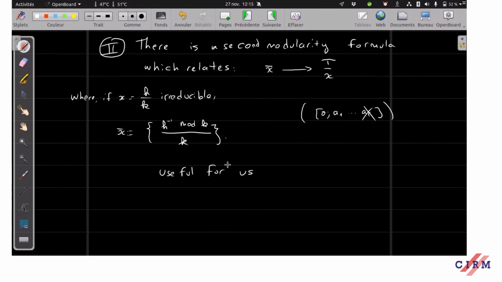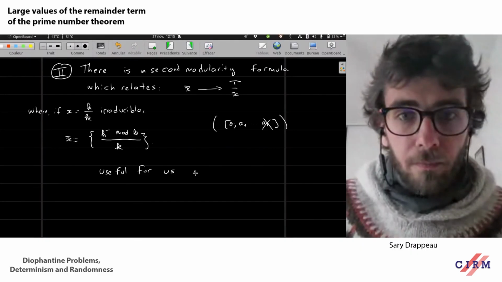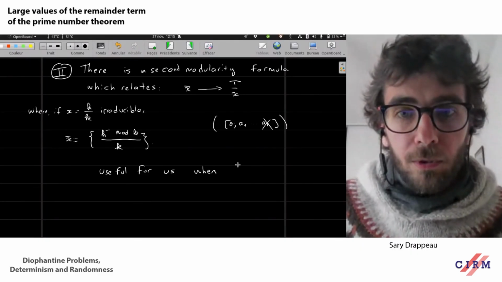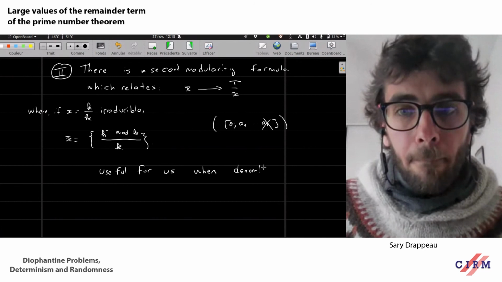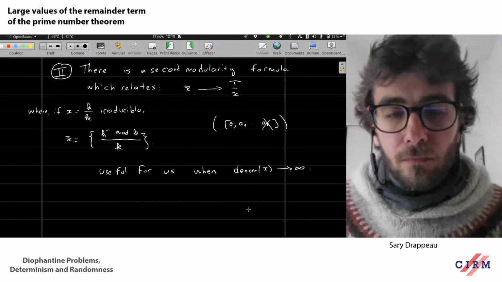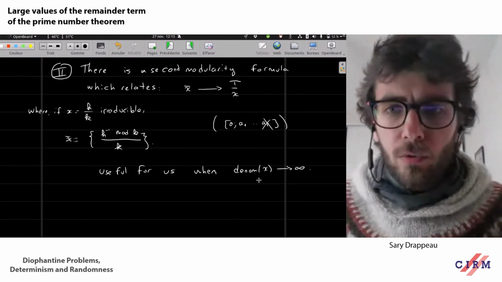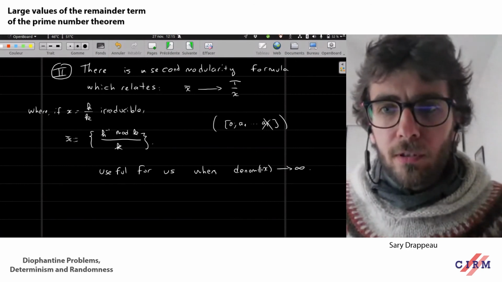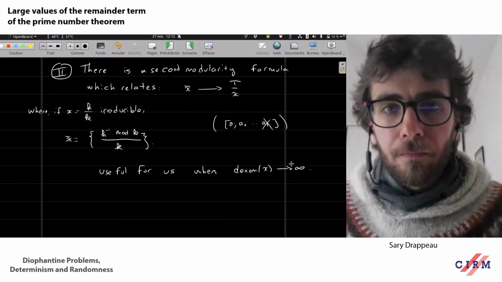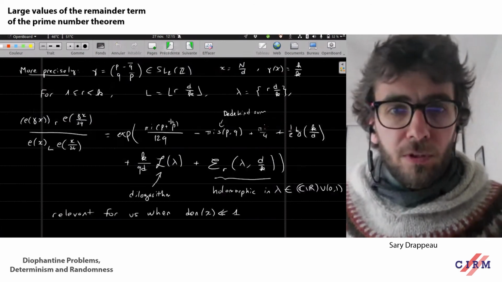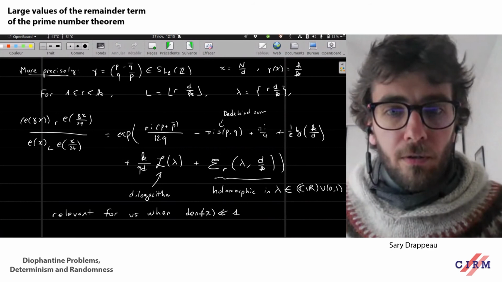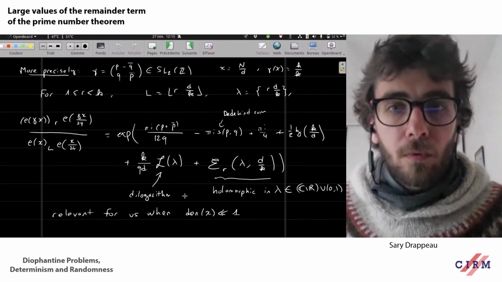So I'm going to lie a bit to make the point more clear. It's useful for us when the denominator of x goes to infinity. It depends on the way you state it, but the way to state it makes it useful when the denominator tends to infinity. And this is precisely the complementary case of the previous one.